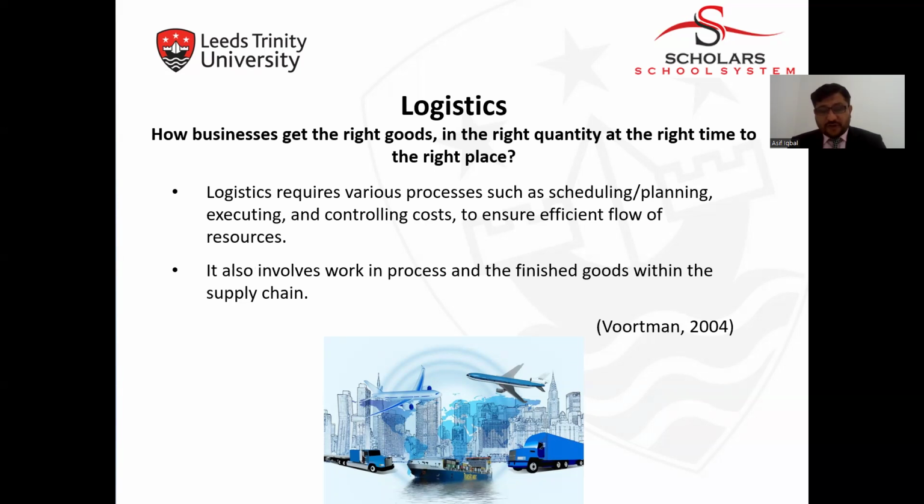It also involves work in process and finished goods within the supply chain. When something is happening to the raw material in the different processes, it goes through the supply chain, and then the things reach the finished goods.